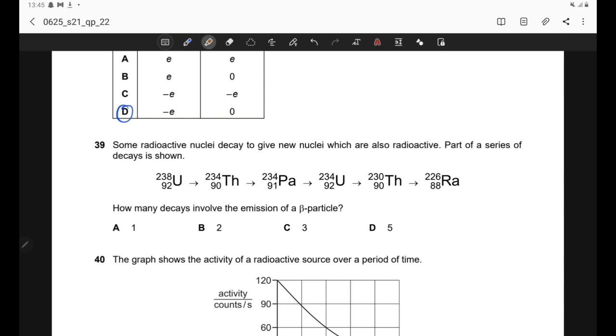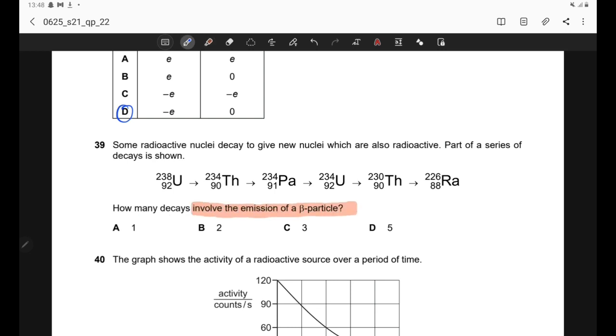So here we can see one nucleus decays producing a new product, and this new nucleus again decays because that is also radioactive, so it becomes a new radioactive element, and it keeps continuing. We are given part of a series of decays, and by looking at it we have to count how many decays involve the emission of a beta particle.